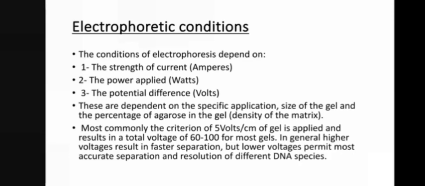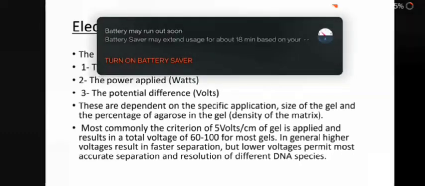Most commonly, the criterion of 5 volts per 1 centimeter of the gel is applied, and results in a total voltage of 60 to 100 for most gels. In general, higher voltage results in faster separation, but lower voltage permits more accurate separation and resolution of DNA species.